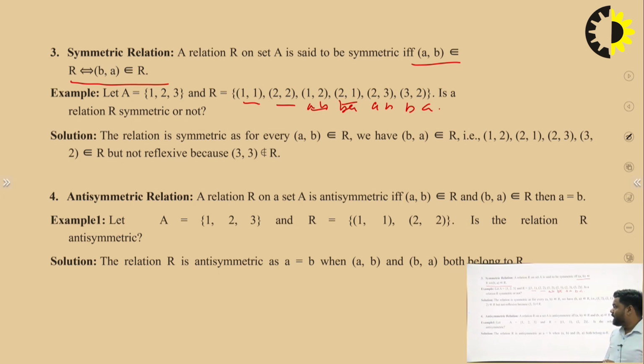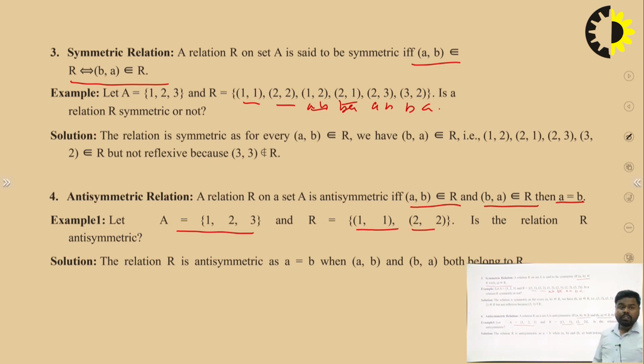Okay. Antisymmetric. A relation R is said to be antisymmetric if (a,b) belongs to R and (b,a) belongs to R, then a equals b. Like A = {1, 2, 3} and the relation given is (1,1), (2,2). Is it antisymmetric or not?